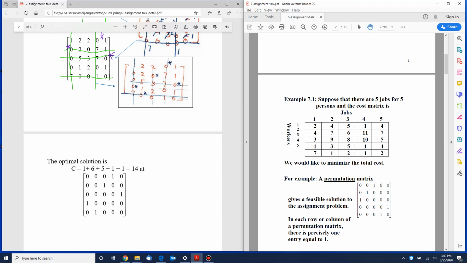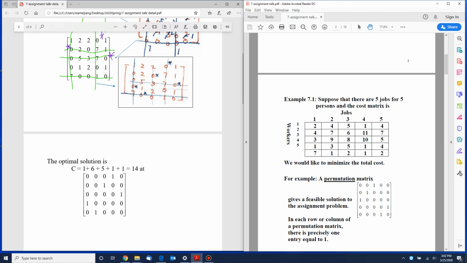That is a little bit more expensive, but you can see that the other workers give a cheaper price for job 1. So we give job 3 to the second person, and then the third person gets job 5, the fourth person takes job 1, and the fifth person takes job 2.